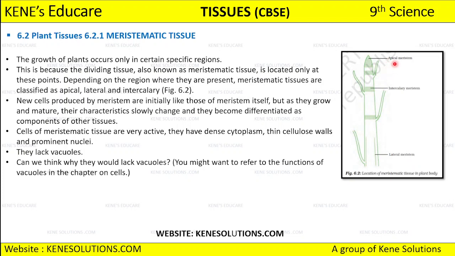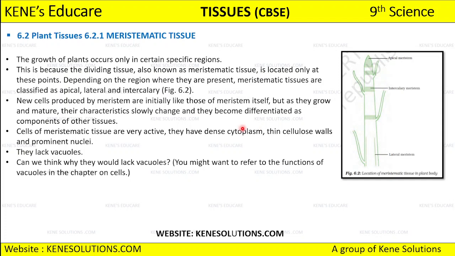Apical meristematic tissue lies at the tip of the root and shoot, intercalary meristematic tissue is present at the base, and lateral meristematic tissue occupies the lateral position in the plant. So this is the location of the meristematic tissue shown in the plant body.